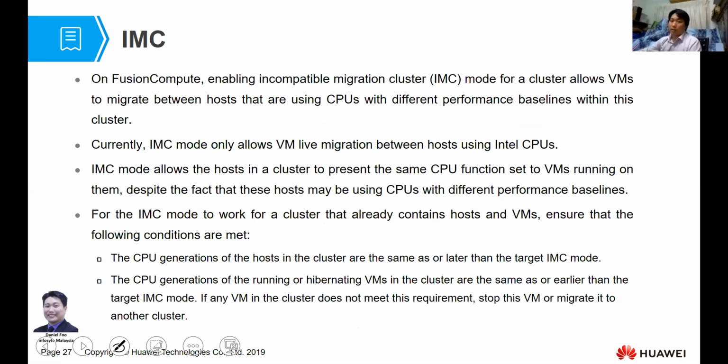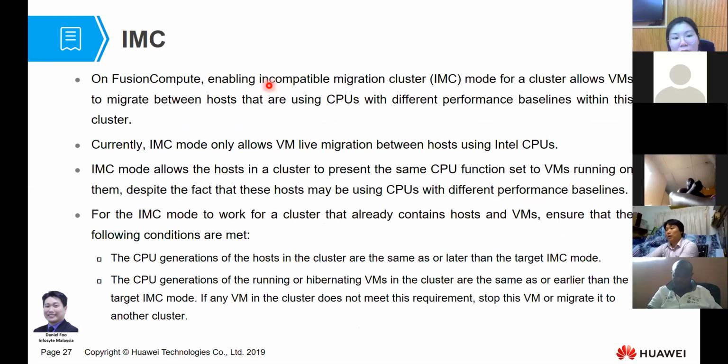So next thing will be the IMC. This one might be asked in the exam also. The full name for IMC is actually incompatible migration cluster. In FusionCompute, we can support migrating your virtual machine between CNA hosts if they are running on the same generation CPU model.